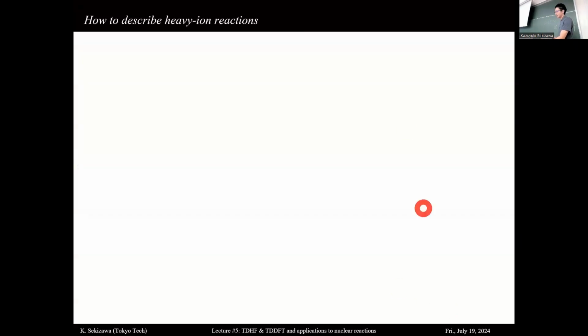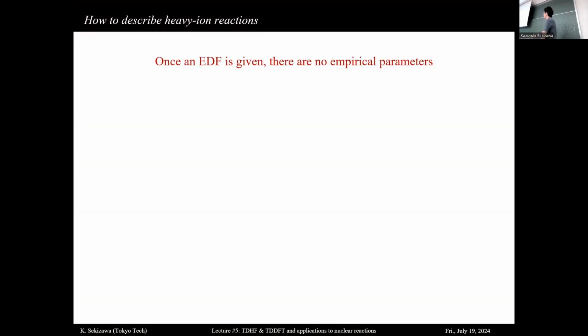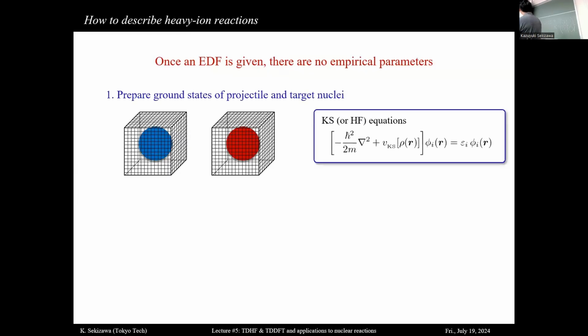Now, let me explain how to describe heavy ion reactions in TDDFT or time-dependent Hartree-Fock theory. Once the energy density functional is given, we do not have any adjustable parameter. So we just use the same EDF to describe reaction dynamics.